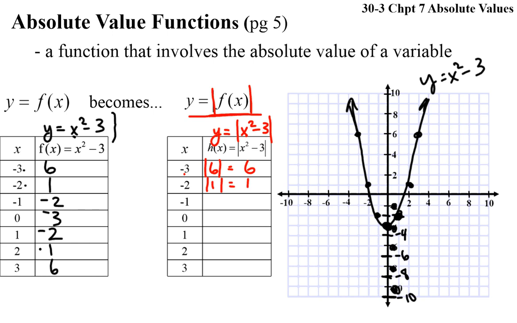Negative 1 becomes a negative 2. We want the absolute of negative 2 for this graph. So all of a sudden, my negative 1, instead of being negative 2, is paired with the 2. 0 gives the absolute of negative 3, which is 3. 1, absolute of negative 2, which is 2. 2 is back to being a 1. 3 squared, subtract 3 is 6 again.